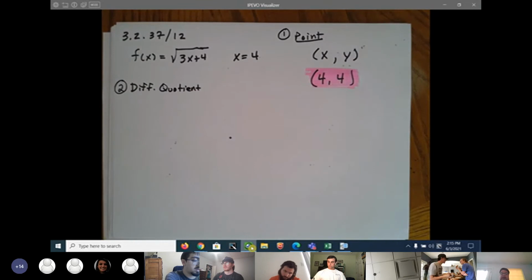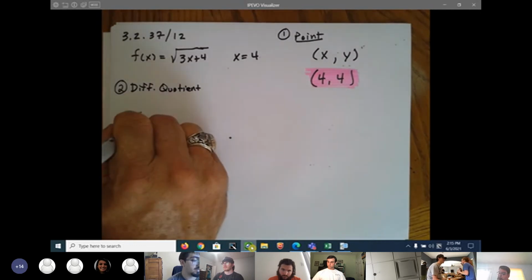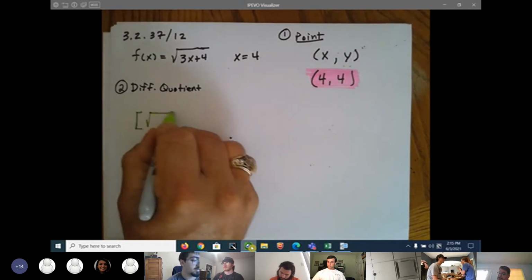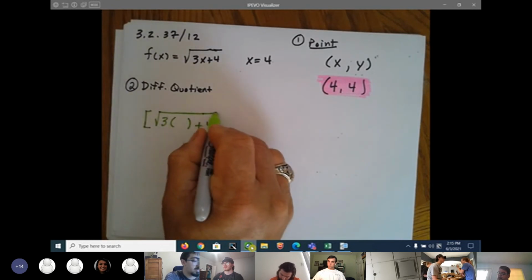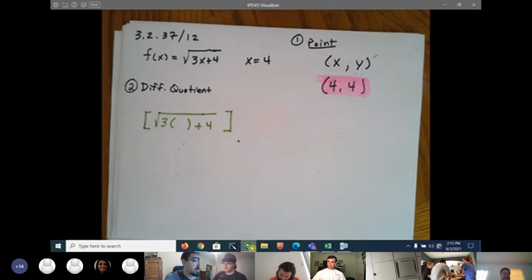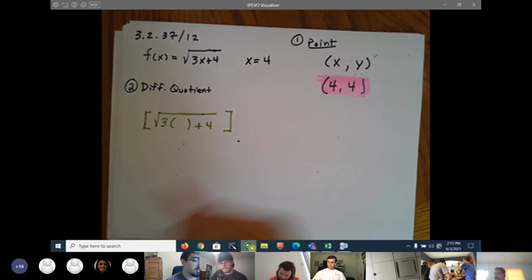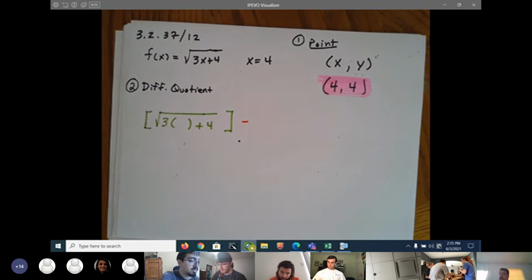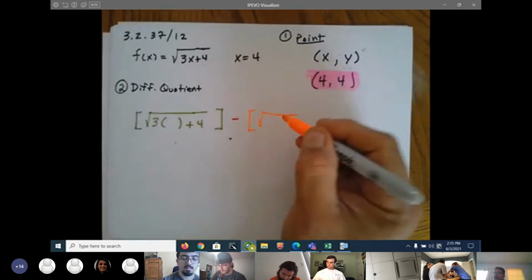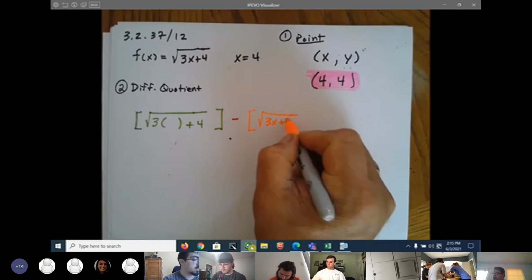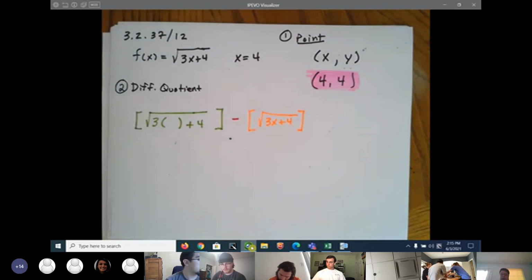So I'm going to write a big set of, let me get my green and my orange out. And I'm going to write a big set of parentheses plus 4, minus, in red, my orange f of x, 3x plus 4, all over h.